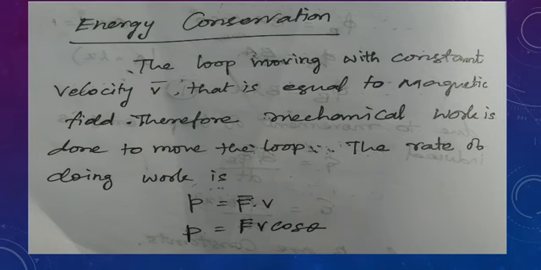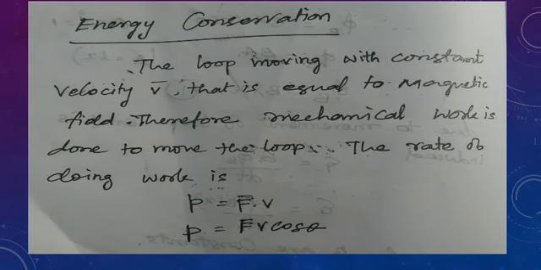Therefore the rate of doing work is nothing but power. So I am taking the power, which is equal to F into V cos theta. Definitely some angle is present.